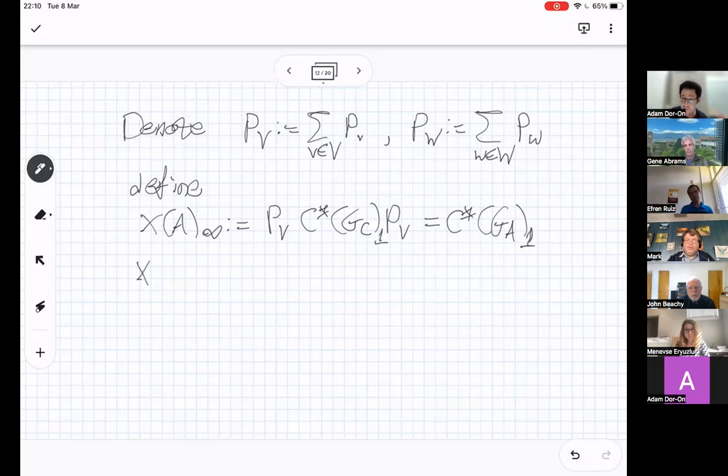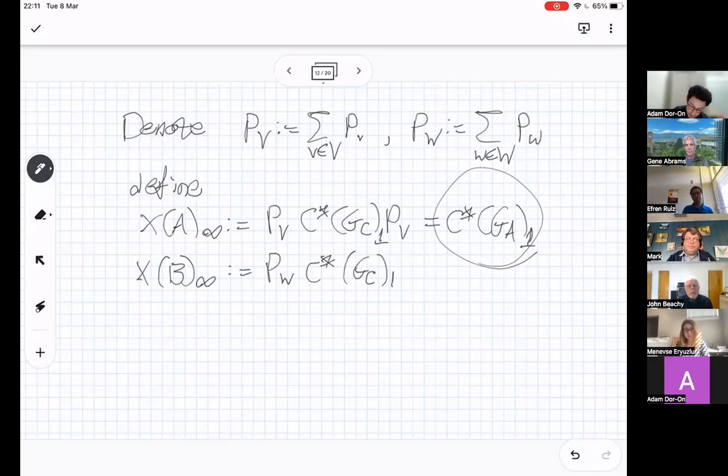So remember, we had this grading. We're looking at the graded component of 1, and we're taking a corner of that, or simply taking this thing, which is the 1 graded component for the graph C-star algebra of A. Similarly, we do this for B, but with PW. So this is a corner of a different kind.